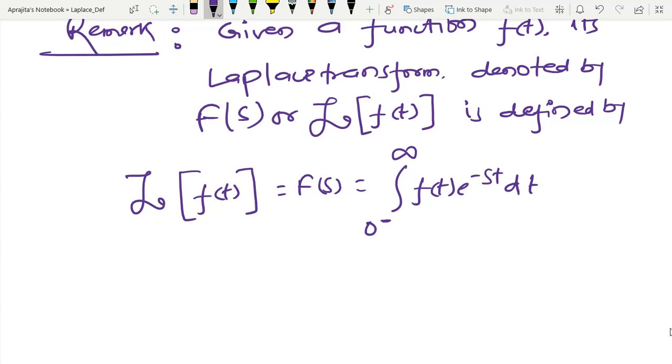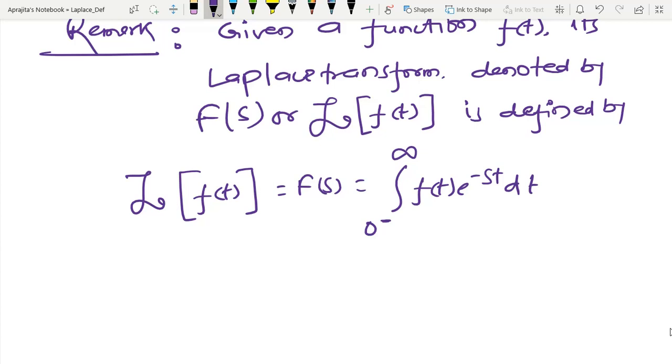So the main motivation is that somehow I have to include the origin, because most of the time in engineering circuits particularly, we have seen in the step response in the first part of this course, that is the DC step response.